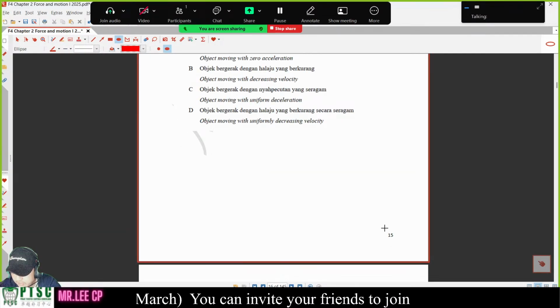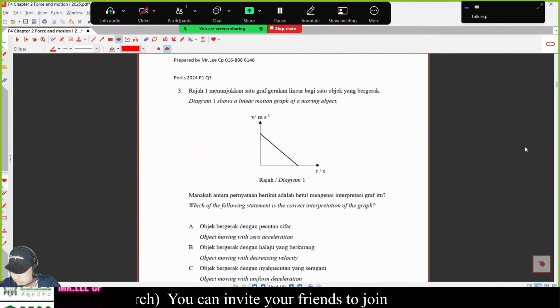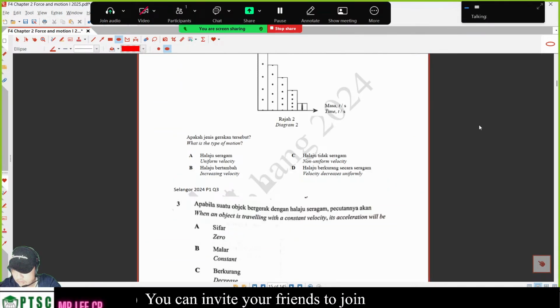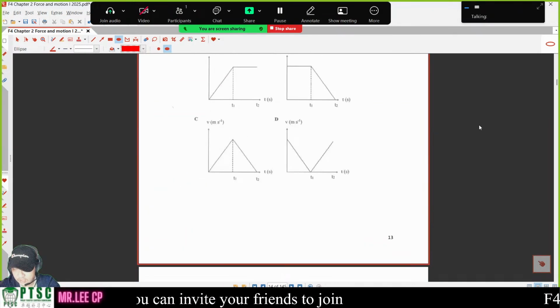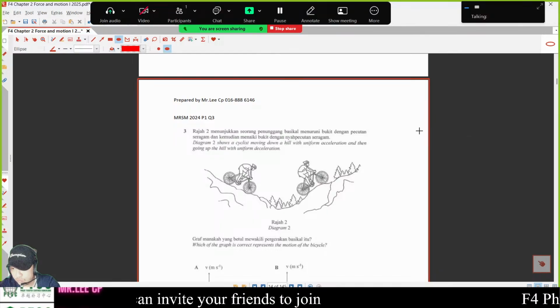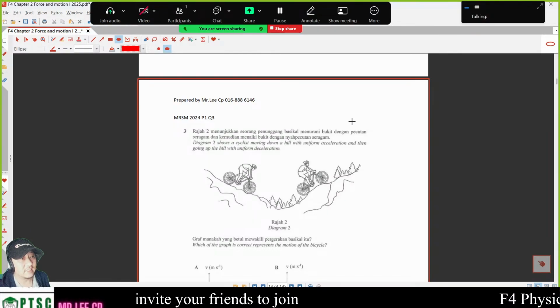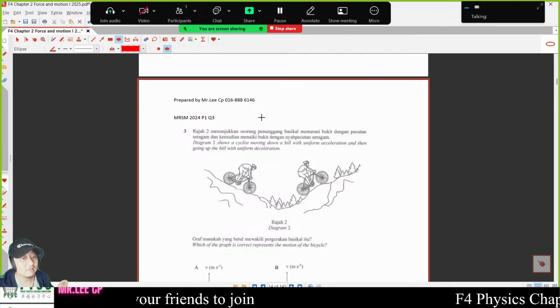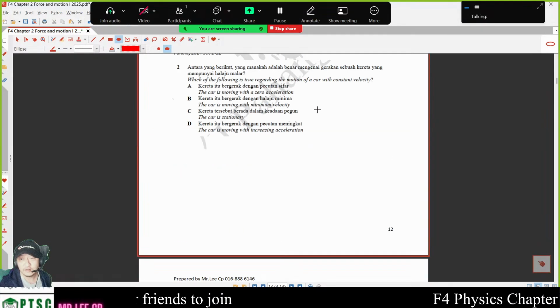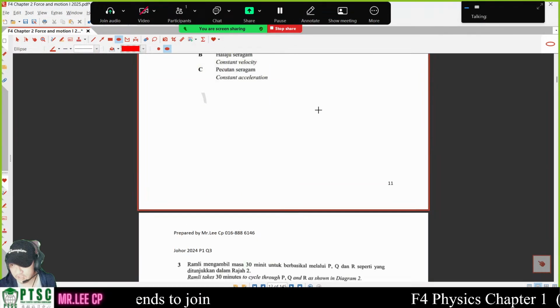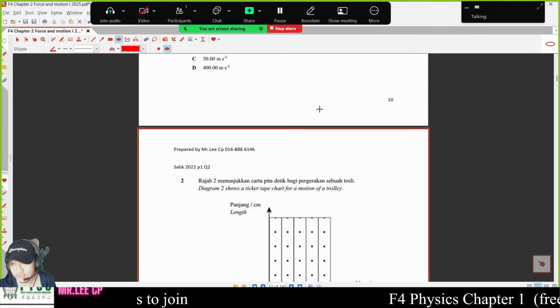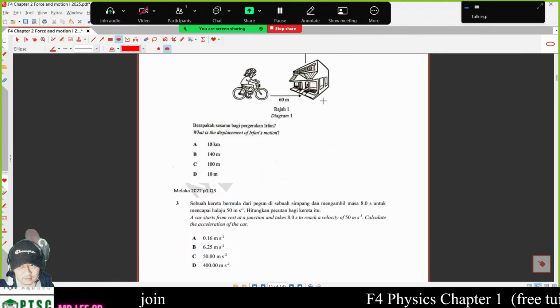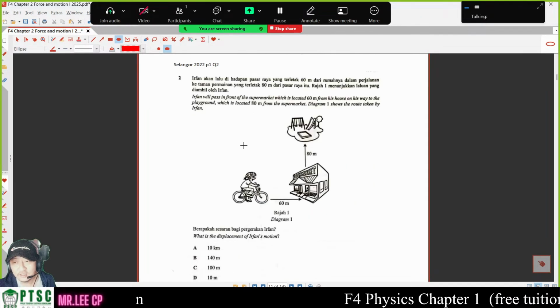Page 9 until page 15, right? You do it on your own right now. We are going to rest for 5 to 10 minutes as I promised you. We are going to continue after 5 to 10 minutes. If you don't go to the toilet, or after you rest for a while, you can try to do this question. All right. I'll be right back.